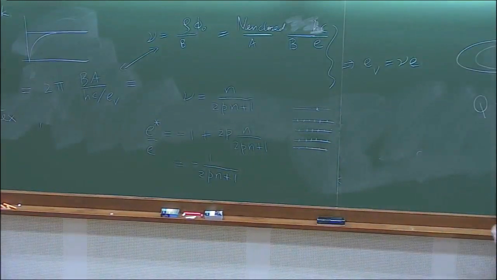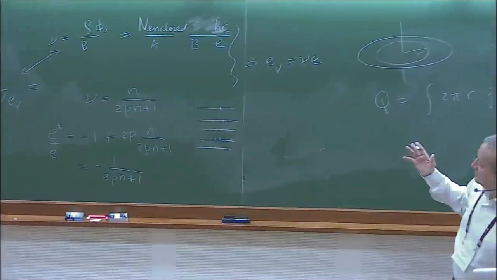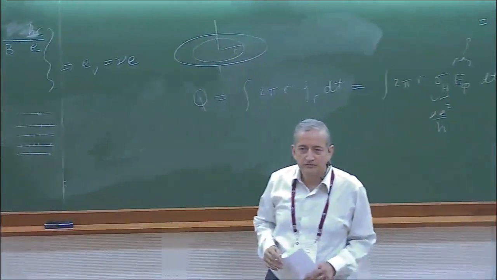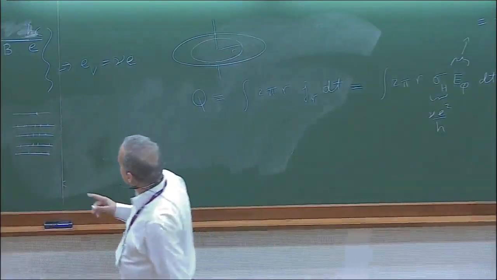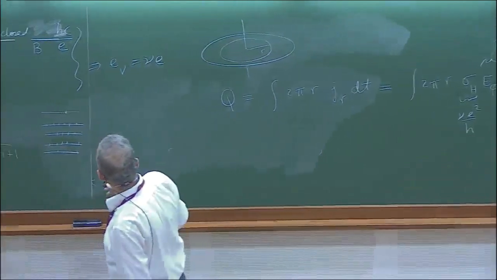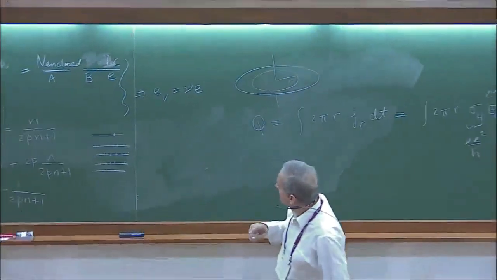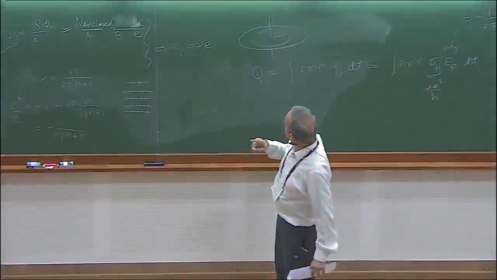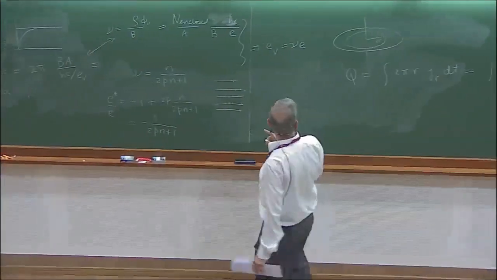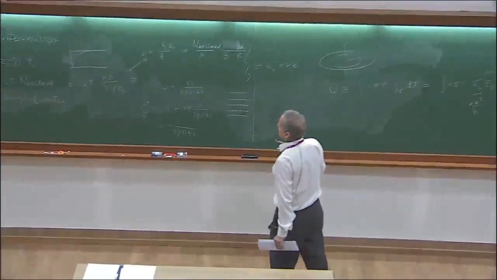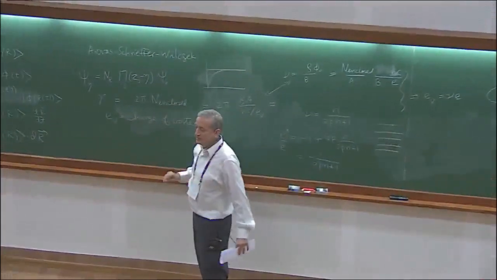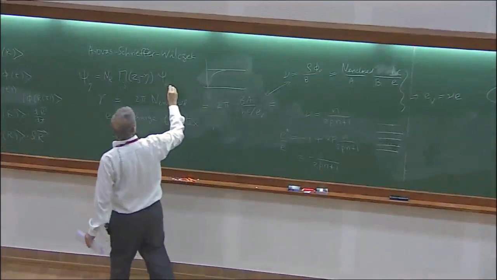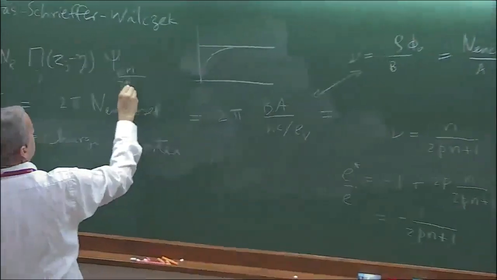One can actually get it in a different way. So let's take this to be the state at filling factor n over 2pn plus 1. So that's the ground state at this filling factor. And let me create a vortex.